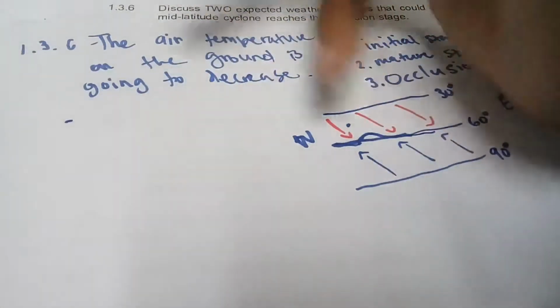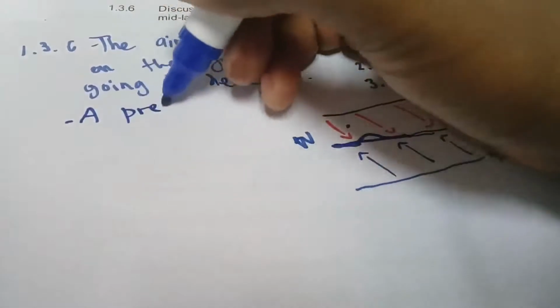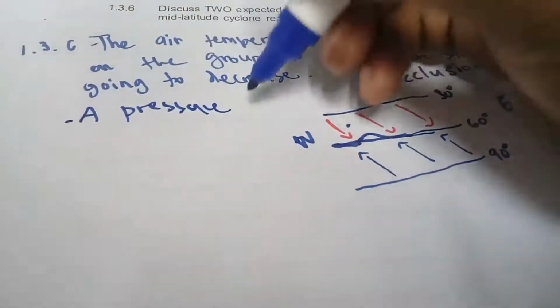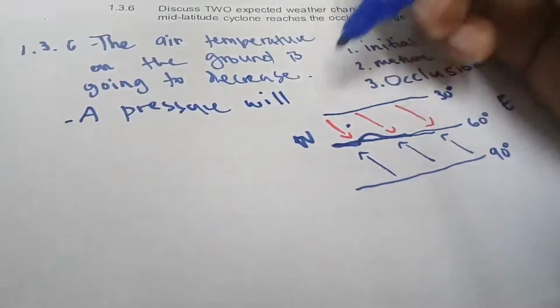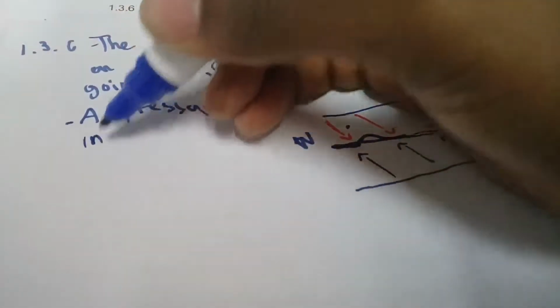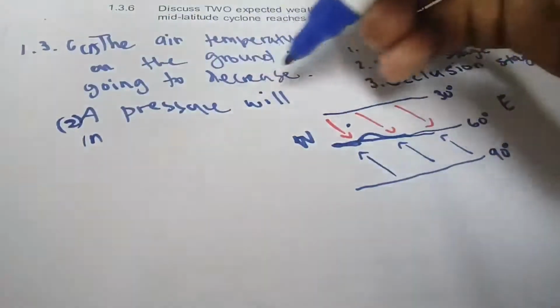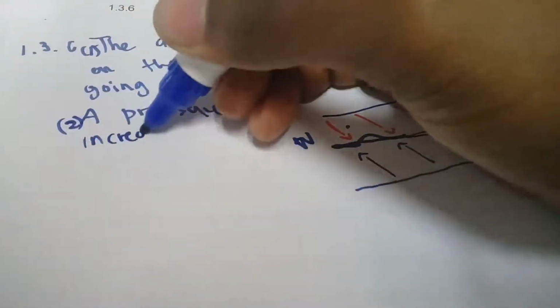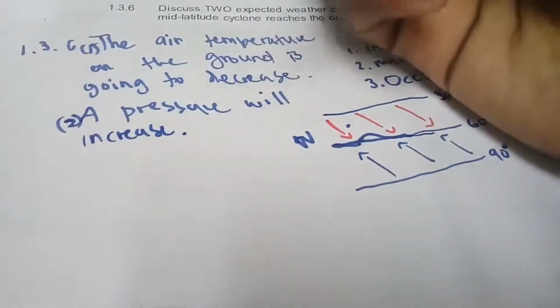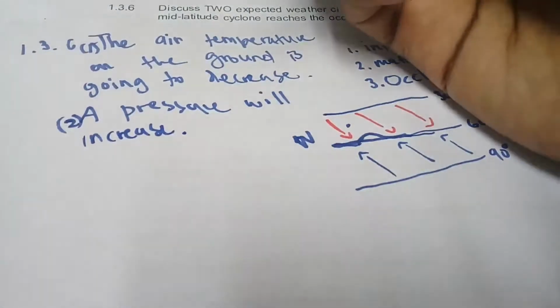And also I can say pressure will increase. This is 1, this is 2. Pressure will increase. Wind speed will decrease, number 3.